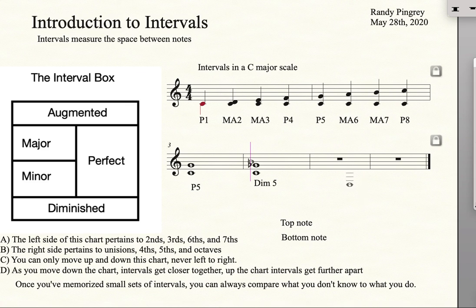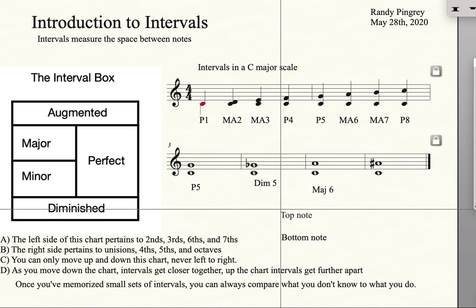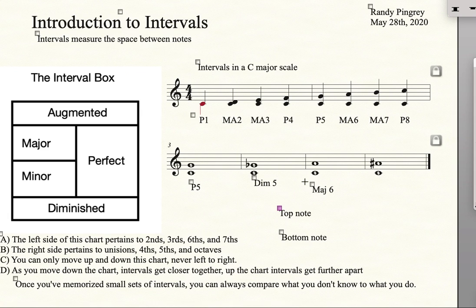Let's look at a different example. Let's do C and A sharp. So we already know that C up to A is a major sixth. So it's a certain number of half steps. I actually don't really even care how many it is.